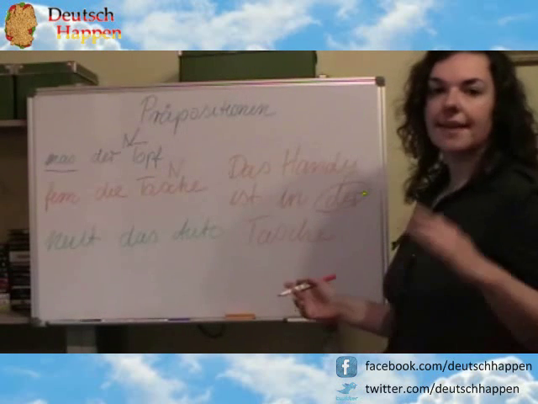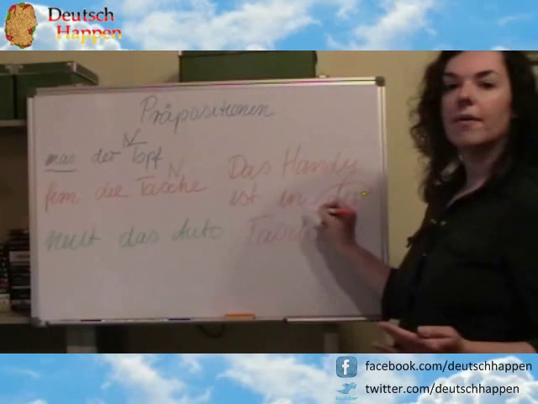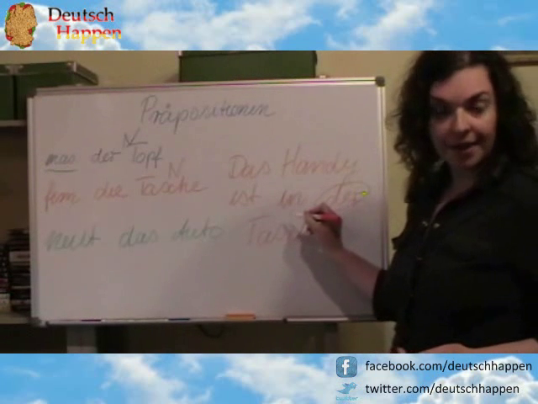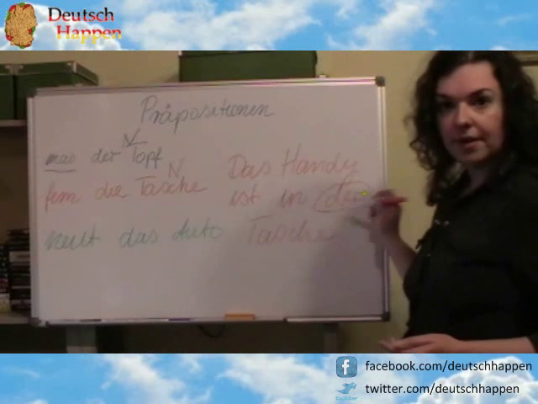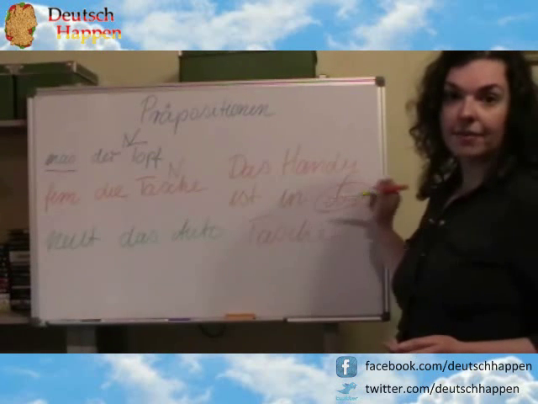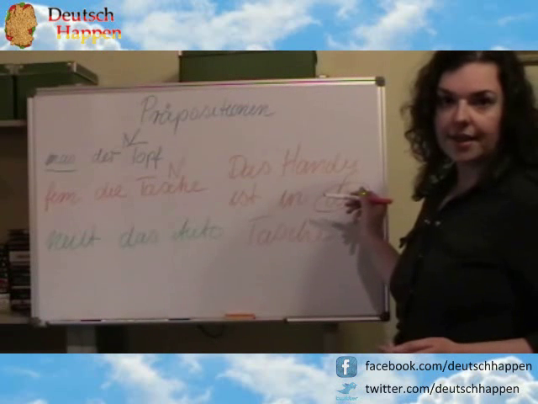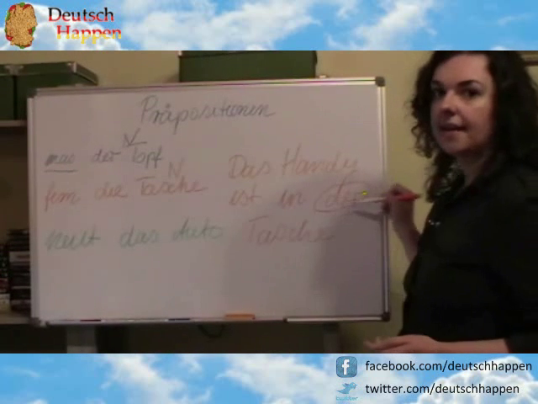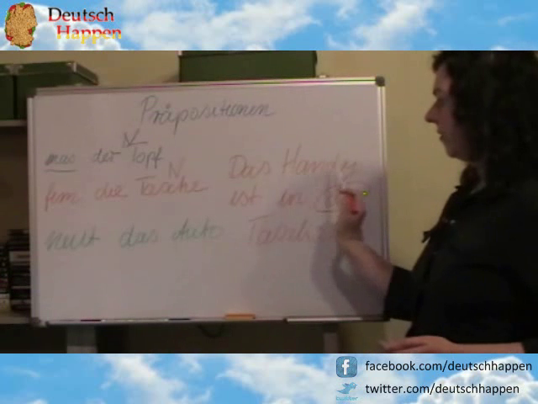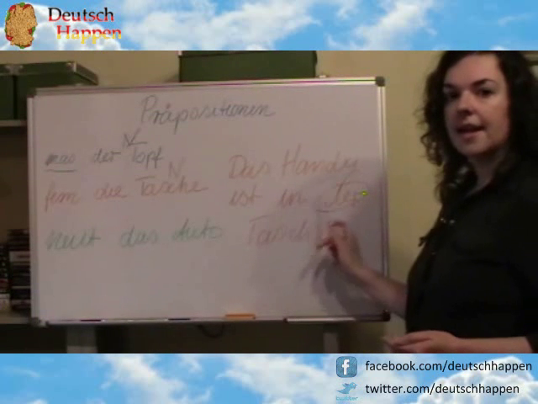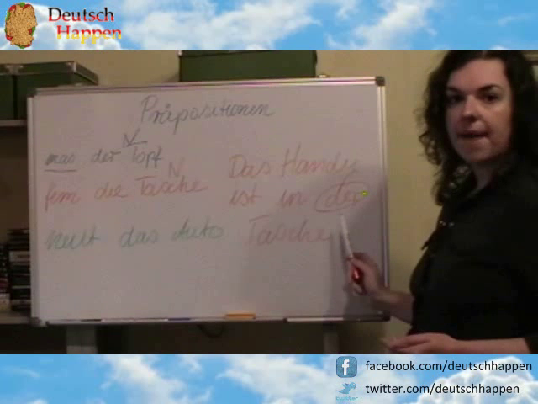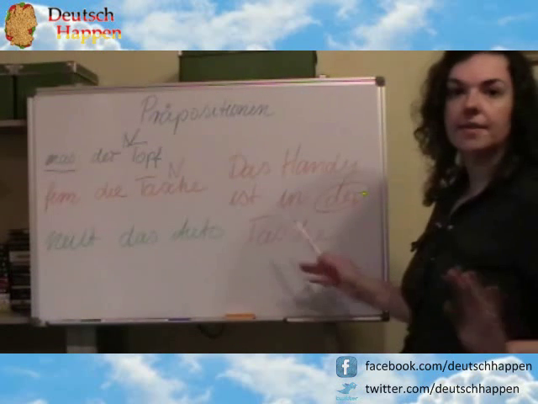It is just that the article, because of our in preposition here, changes into its dative form. And dative feminine is der. And we make no contraction here. It's always in der Tasche. The cell phone, mobile phone is in the bag, handbag, pocket, whatever you like. It's always die Tasche.